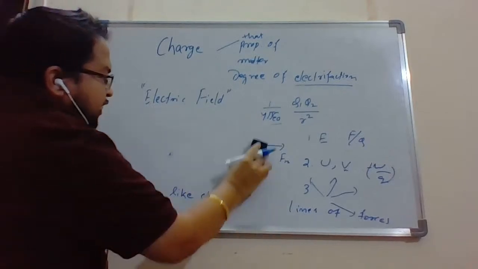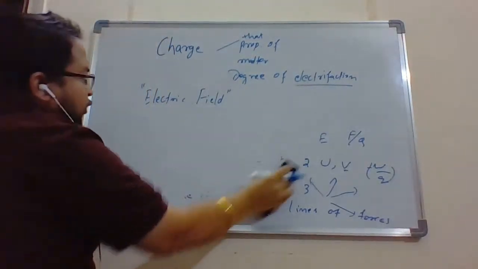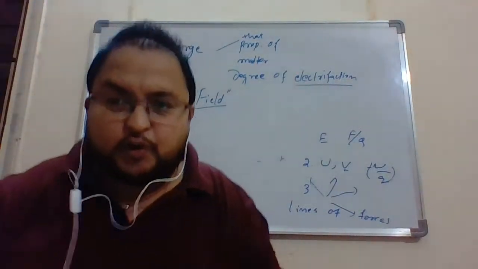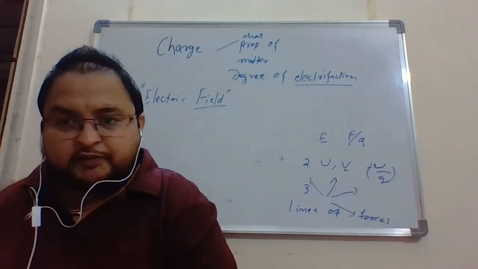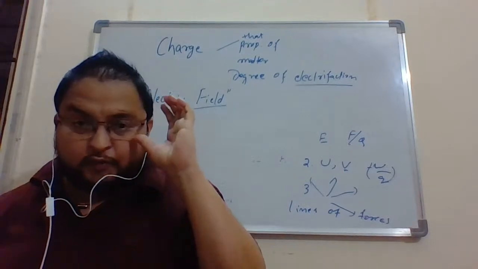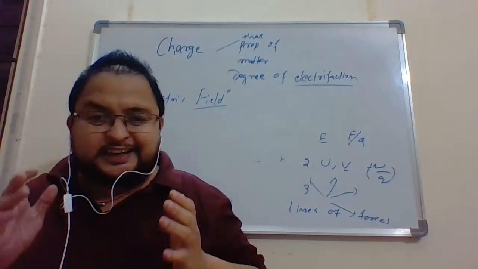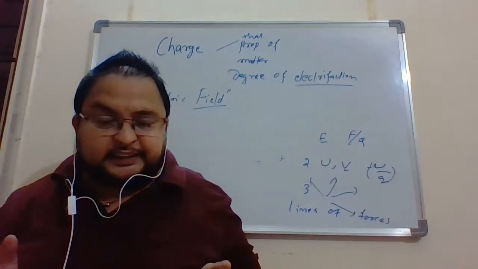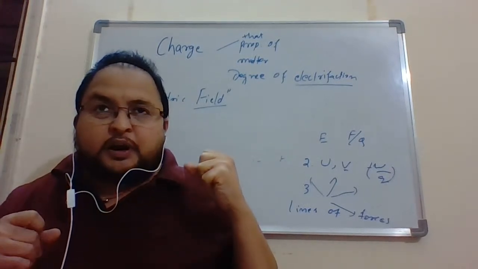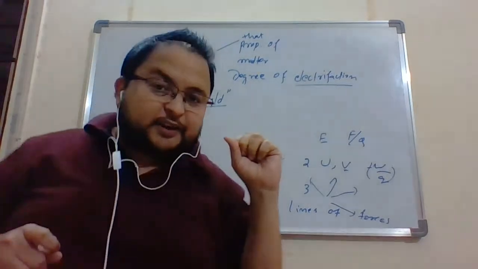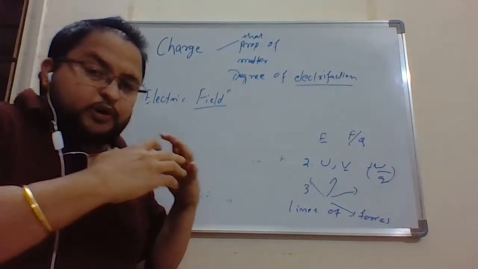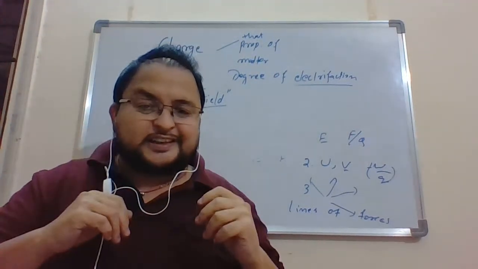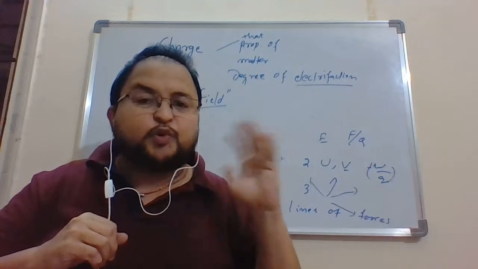And we have also understood what this word field means in physics, right? The word field in physics is not confined to electricity. In my last lecture, I explained that whenever we talk about exerting a force, in layman's terms, it's a pull or a push.